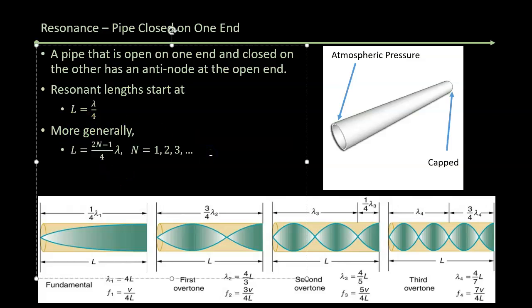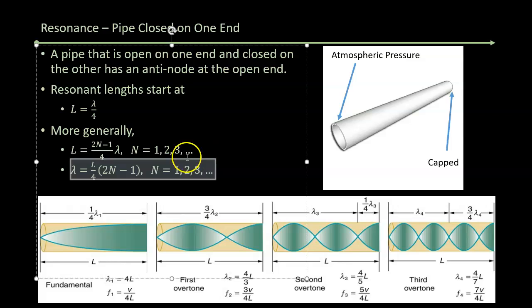And if we were to solve this for lambda, it's going to be L equals quarter of a wavelength times 2n minus 1, where again, n is first harmonic, second harmonic, and third harmonic. So lambda has to go in quarter wavelengths, but we skip the even ones, which is all this 2n minus 1 does. So 1/4, 3/4, 5/4.